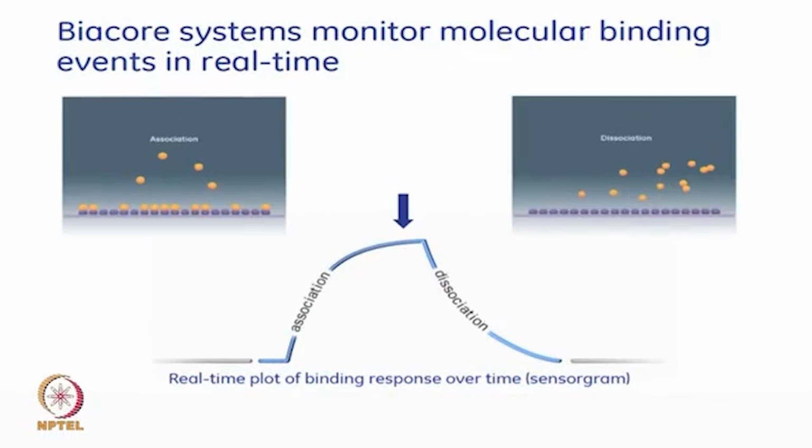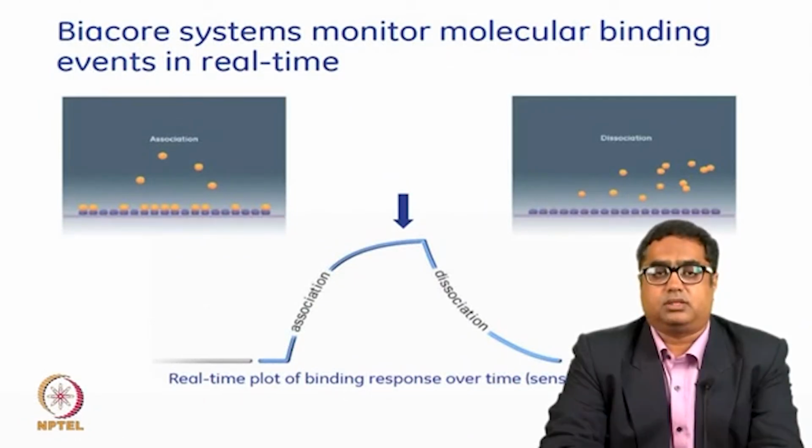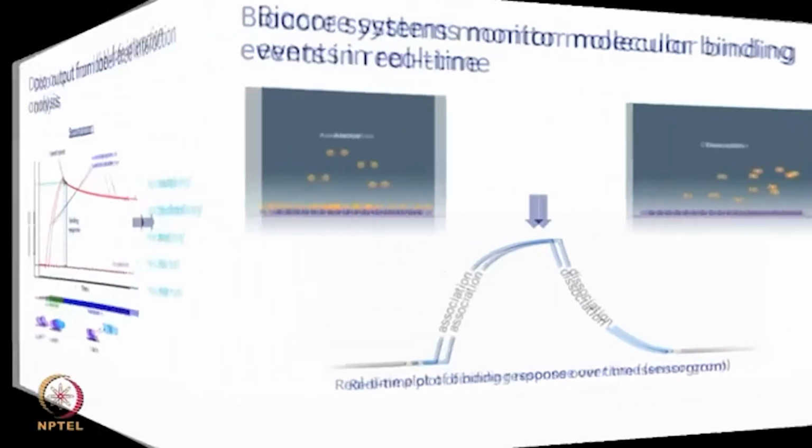Basically, an experiment starts with an immobilization of a ligand on the sensor surface, and an analyte is passed over in a solution and will bind to the ligand. So here there are two different molecules, a ligand and an analyte, and the interaction is recorded in real time.